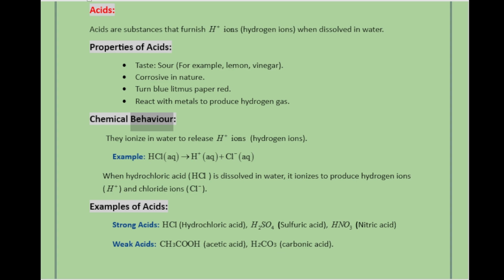Chemical behavior. They ionize in water to release hydrogen ions. Example. When hydrochloric acid is dissolved in water, it ionizes to produce hydrogen ions and chloride ions.